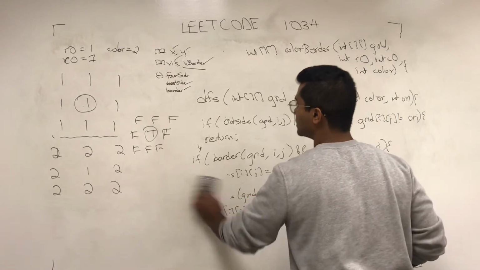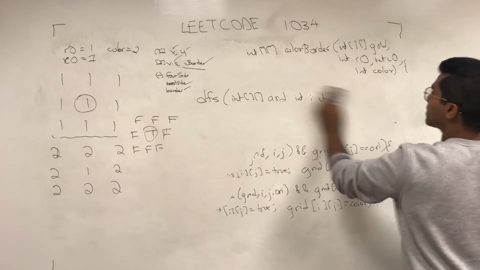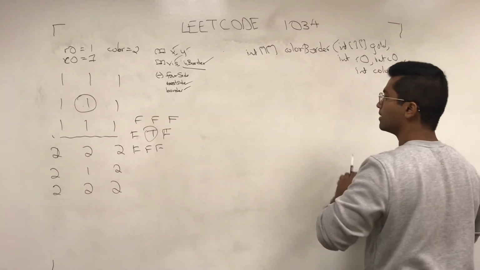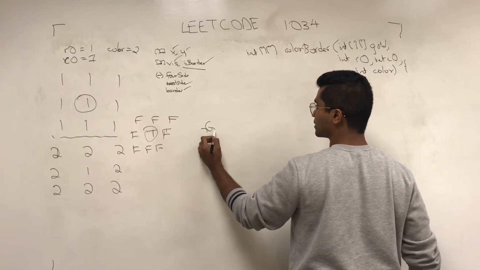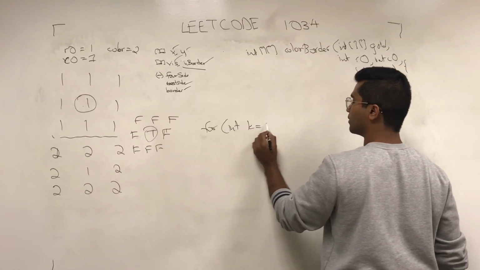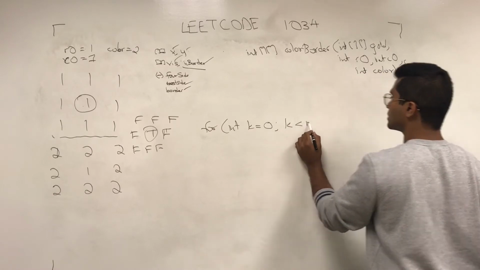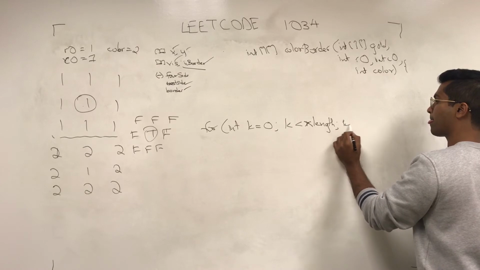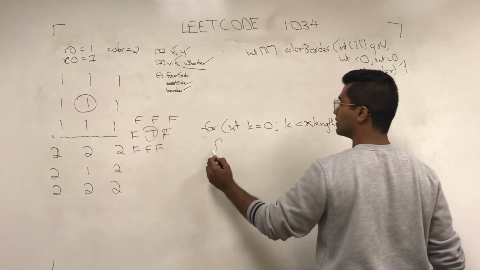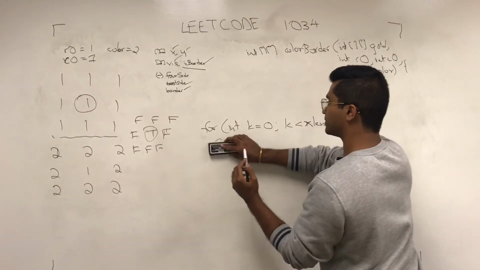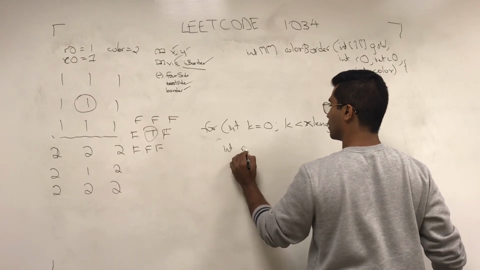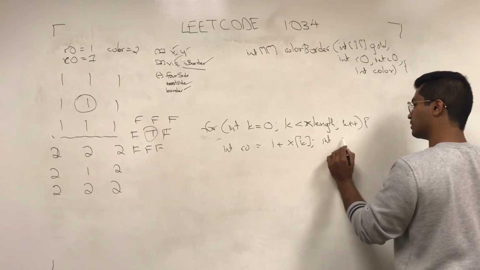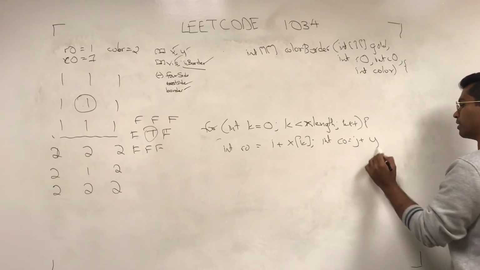So I'll erase this. Now the DFS, the last part is just going to be the same thing that we're used to in so many recursive functions. For k is 0, k is less than x.length, k plus plus, int row is going to be i plus x of k, and int co is going to be j plus y of k.